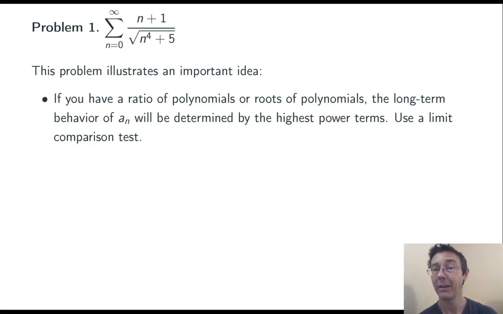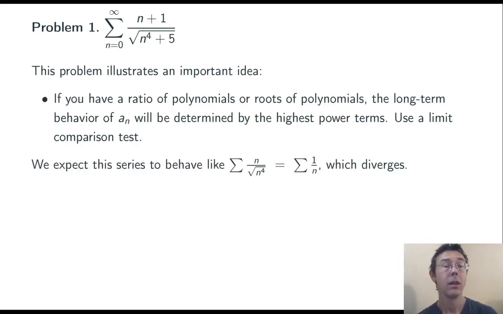So here, n on the top, and the square root of n to the 4th on the bottom. We expect this series to have the same kind of behavior as the harmonic series, the sum of 1 over n, which is the simplified version of the sum of n over the square root of n to the 4th. Now that harmonic series diverges, so we're expecting our series to diverge.